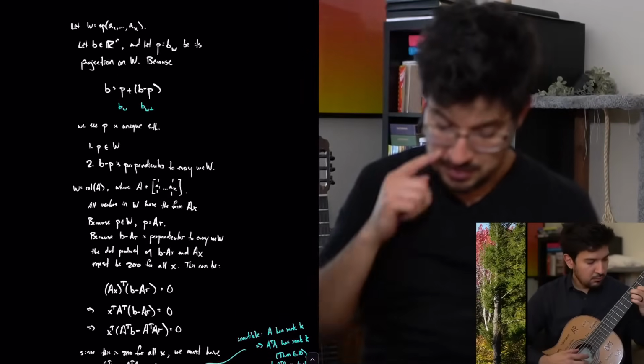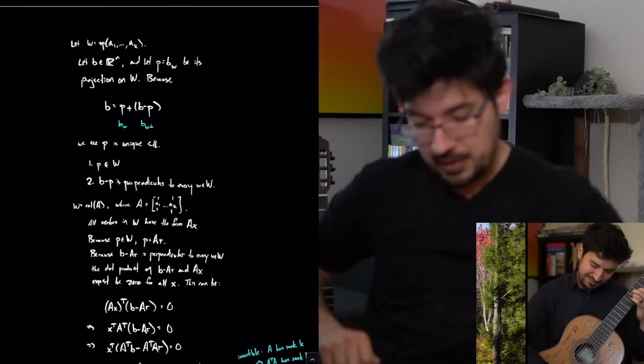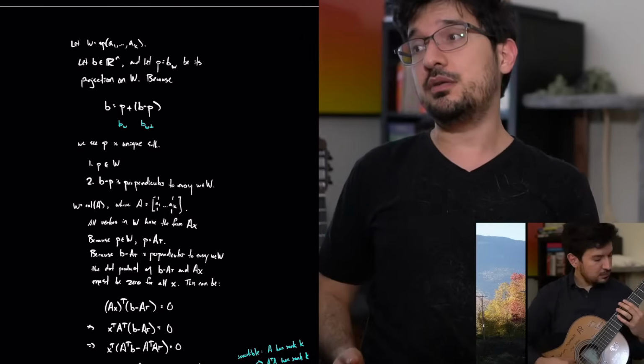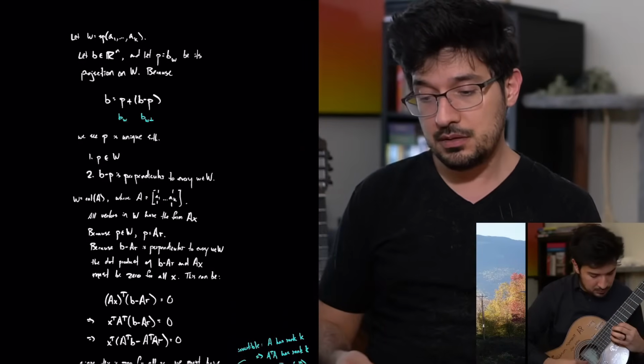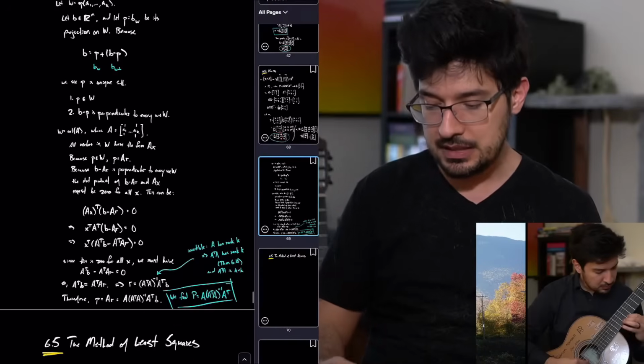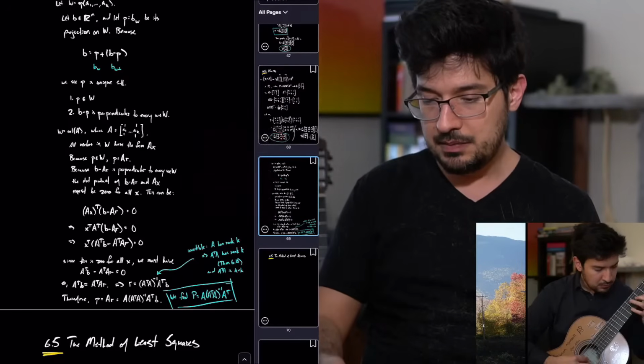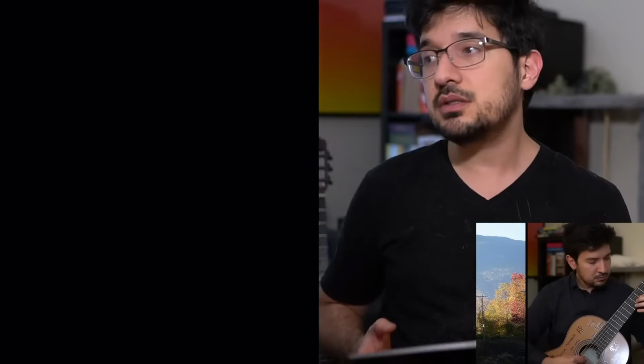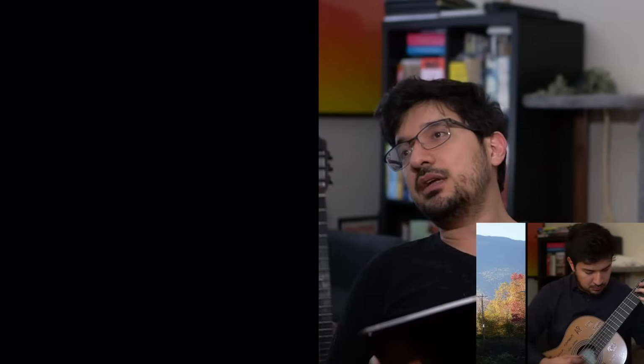Wild. Okay, so I think I follow now a bit more of how we build the projection matrix. Let's try this again. This time I'm going to build it from scratch, from memory, and let's see if I can get this.